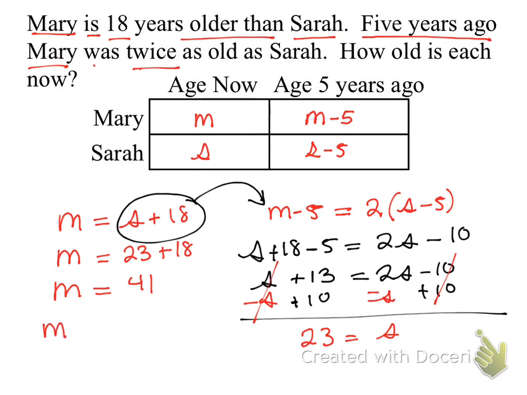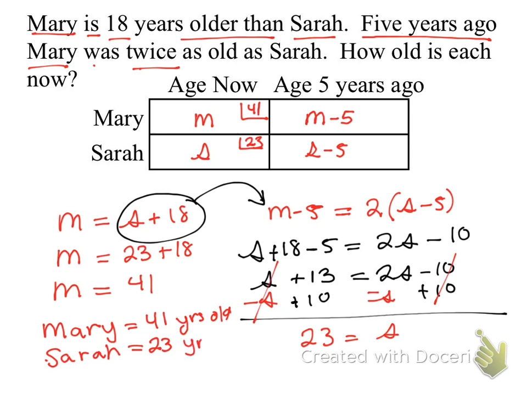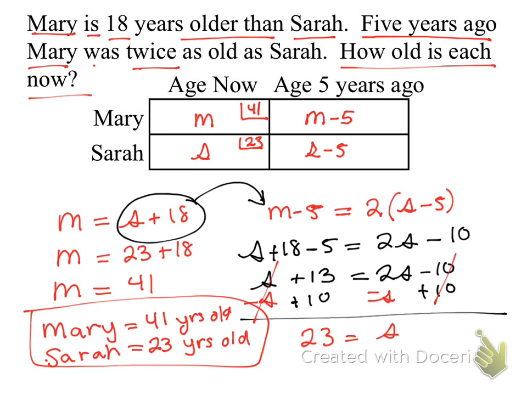So Mary is 41 years old, and Sarah is 23 years old. Questions? How old is each now? Okay, yes, I'm understanding, or no? Okay, moving on to the next type.